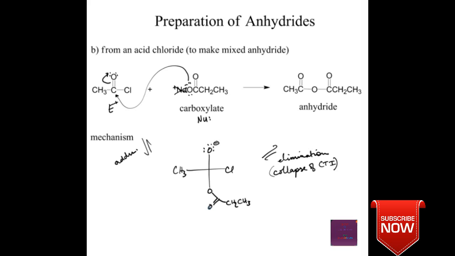So now when I look at my CTI, my charged tetrahedral intermediate, and I decide which leaving group is going to be kicked out, which one wins? Because we have two possibilities. Remember, a leaving group is anything with lone pairs, so we have two possibilities. And while this is a good leaving group, the chloride is better. This is our better leaving group. So it kicks down and kicks off, and we go to our anhydride.